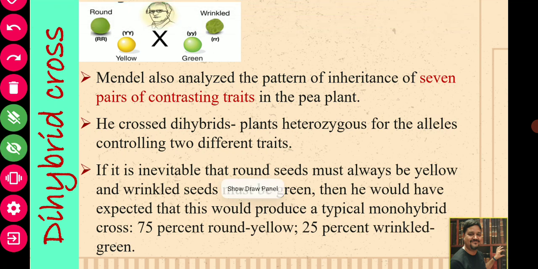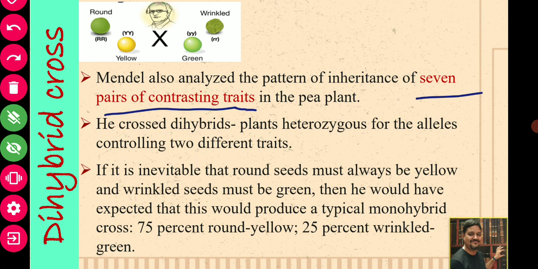Mendel also analyzed the pattern of inheritance of 7 pairs of contrasting traits in the pea plant. In the monohybrid cross, Mendel considered one trait at a time, but in addition to that, he also studied 7 different pairs of contrasting characters.